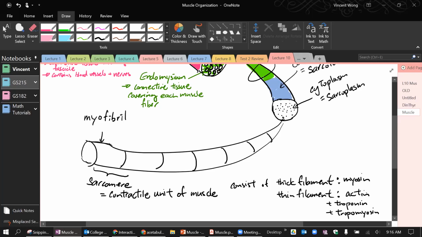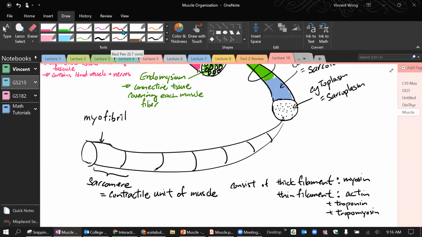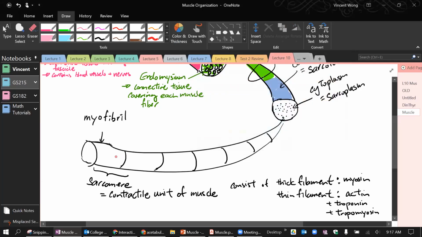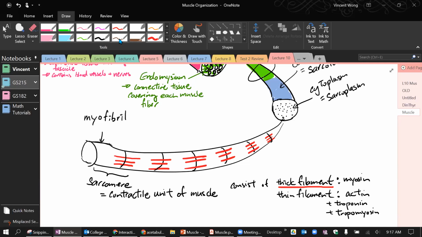All right. I'll explain more in a second. So the thick filament is going to be like this. It's going to be in the middle. Thick filament is going to be in the middle like that. That's a thick one. Thick filament. Okay. And then the thin filament.